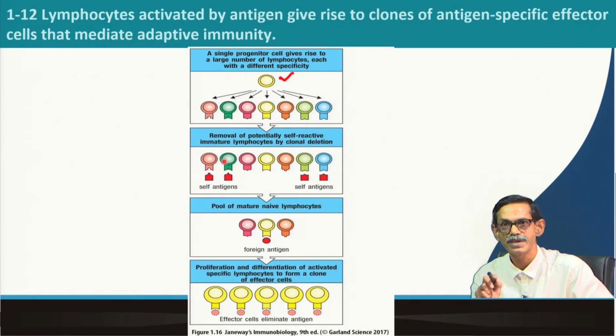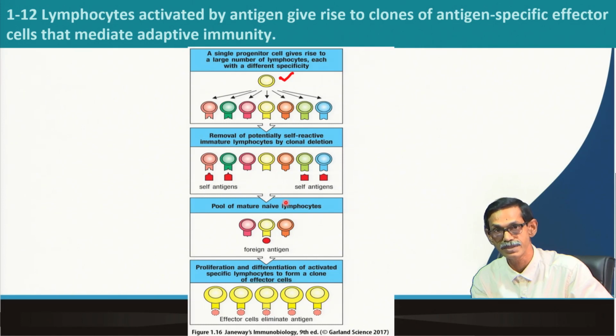Listen carefully. Any B cell or T cell interacting with our own protein or self antigen during the developmental stage will get the signal to die. In this case, 4 different lymphocytes interact with self antigen and get the signal to die, so only 3 will survive. These 3 mature lymphocytes, which have not yet interacted with any antigen, will come to the peripheral blood.